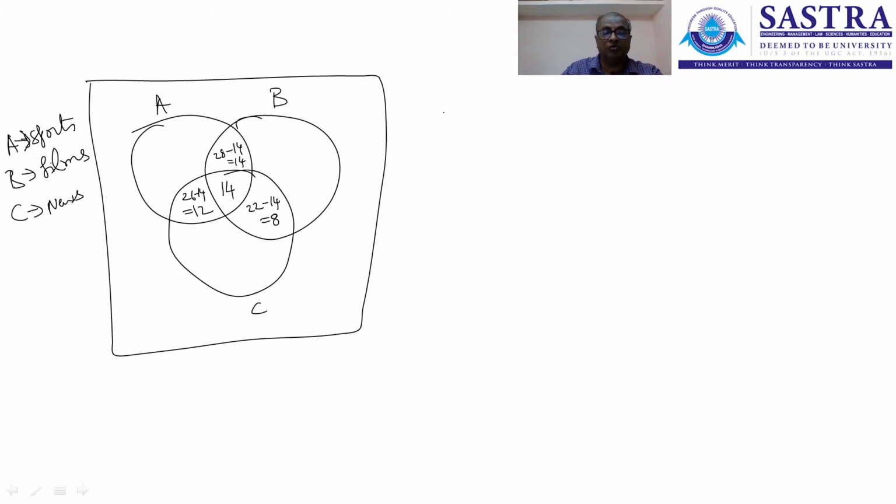Now let me write down here: the cardinality of B intersection C only is the cardinality of B intersection C minus the cardinality of A intersection B intersection C. You can just write down this formula from this, and B intersection C is 22, minus 14, this would be 8.